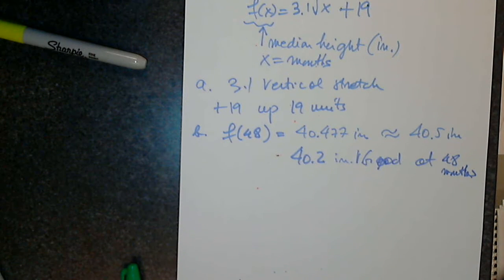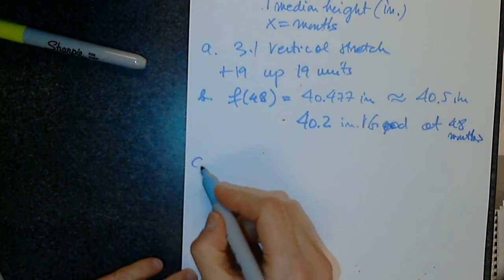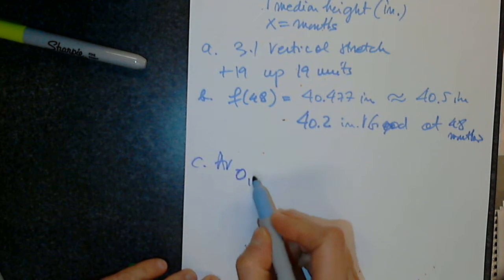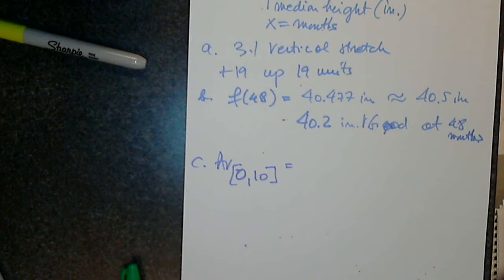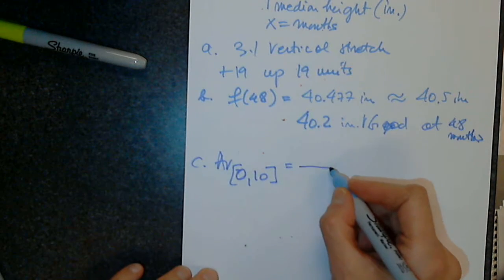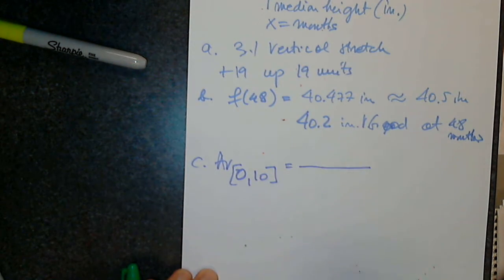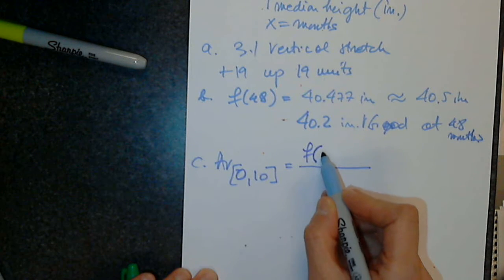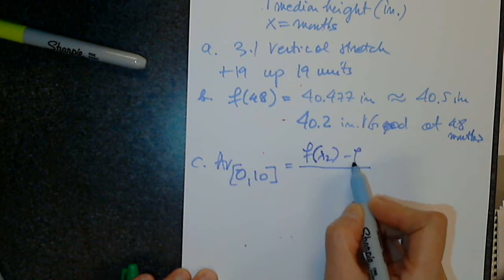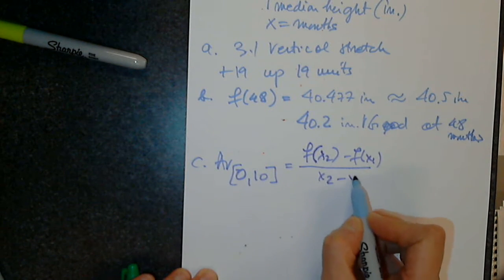Part C, use the model to find the average rate of change in inches per month between birth and 10 months. What do I have to write? f of x2 minus f of x1, that's the formula, over x2 minus x1.